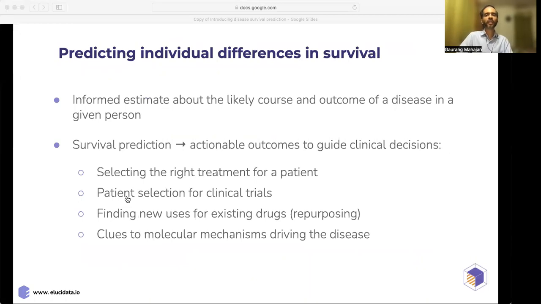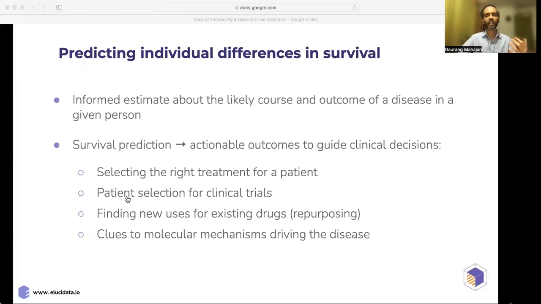Having an informed estimate about the likely course of the disease in a given person, and then discovering factors or biomarkers which enable this kind of prediction. Here it goes without saying that the prediction implied here is quite different from, say, predicting the course of Halley's comet in the sky. So in the biological domain, prediction is a relative notion and essentially evaluated by the degree to which it's found clinically useful.